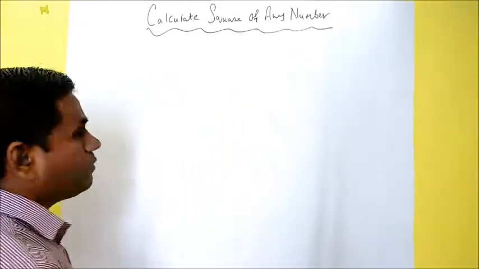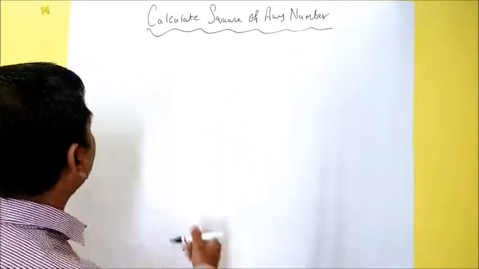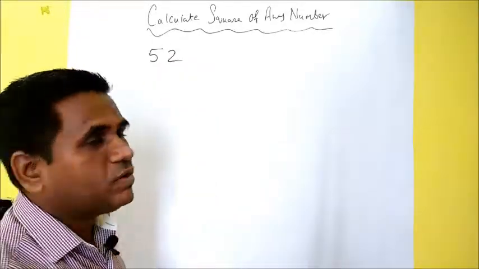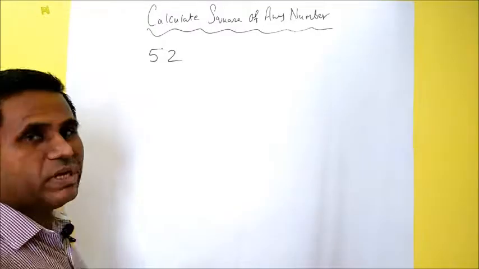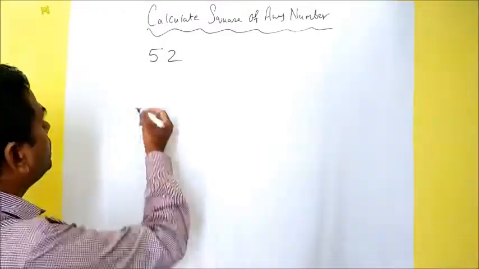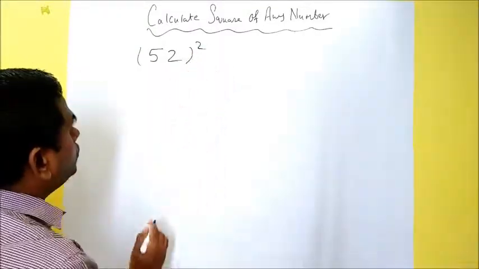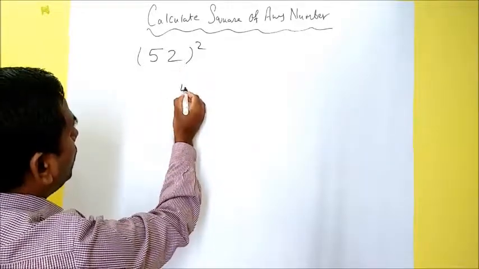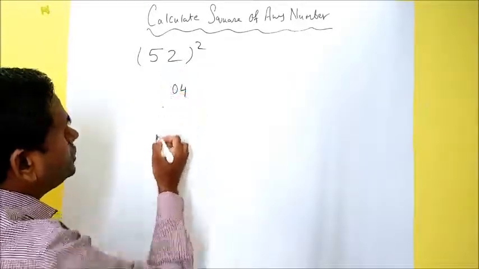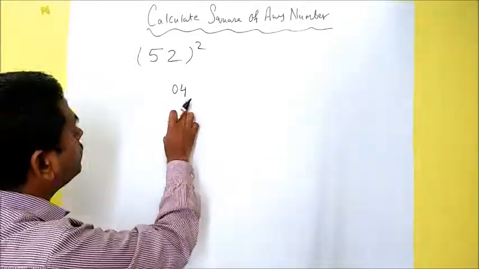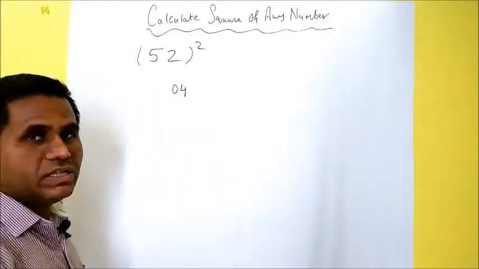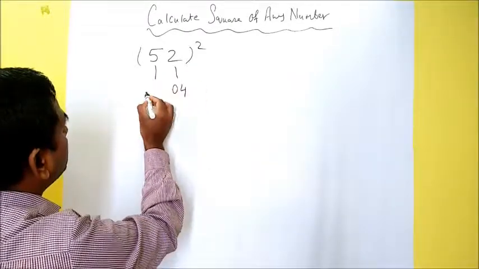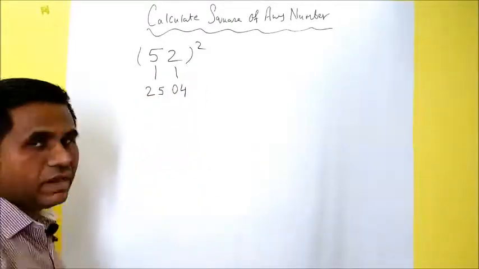Let's take an example of 2-digit numbers and solve with me quickly. Suppose you have to calculate the square of 52. First write the square of 2, which is 4, but in two-digit form, so 04. Now write the square of 5, which is 25.